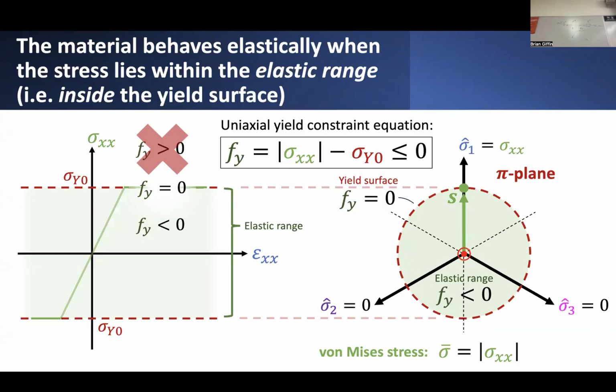So effectively, we're just loading the material along this one principal coordinate axis, corresponding, let's say, to the XX component of stress, the only non-zero component of stress in the material. It turns out that if you go through the task of actually reformulating how exactly the von Mises stress would come about in this expression, you'd find that the von Mises stress is nothing more than just taking the absolute value or the magnitude of that axial component of stress.